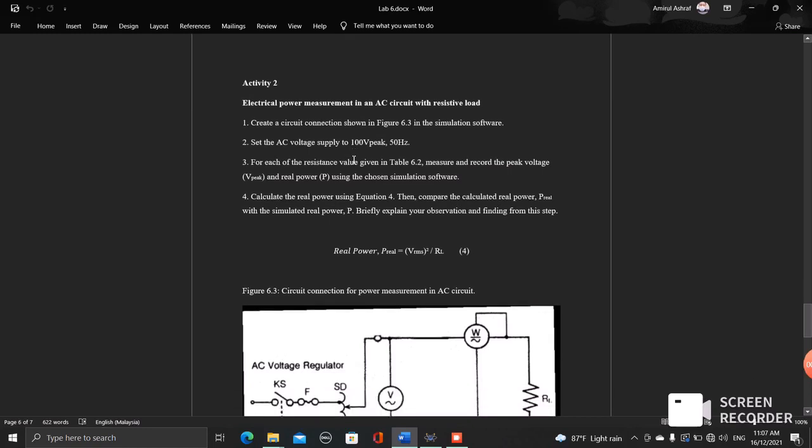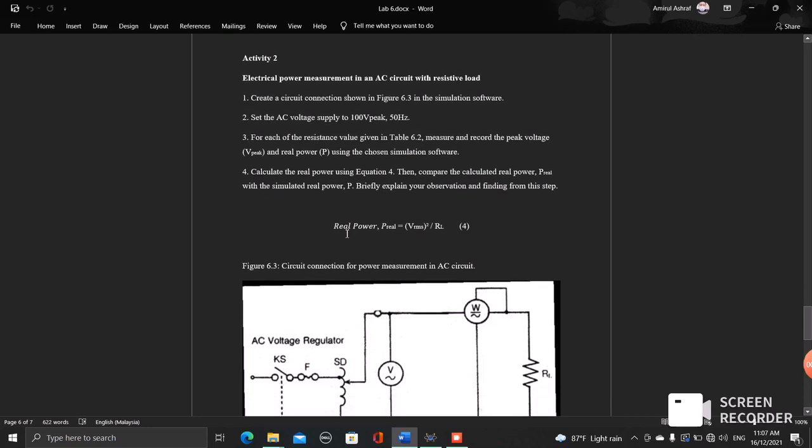And then we have to calculate the real power using equation 4. Then compare the real power that we simulated and the one we calculated manually.